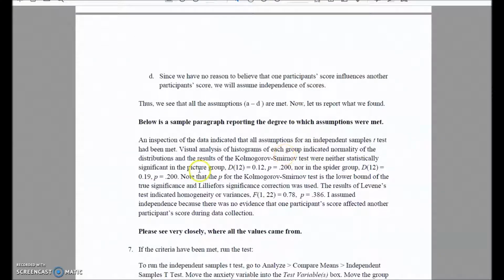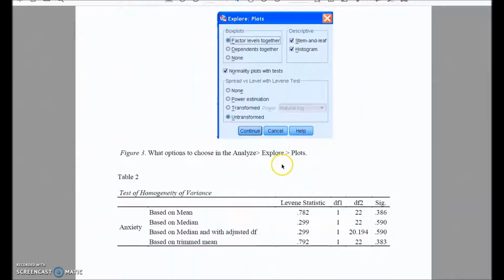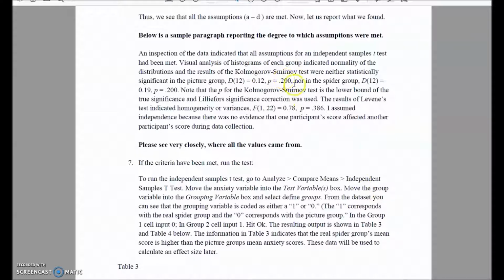I think I skipped this. This is the picture group, and when you report the p, p is italicized, equal to, there is no zero, you put a decimal point, and then your p value, with 3 digits after the decimal point. So p is 0.022 and this is 0.200.